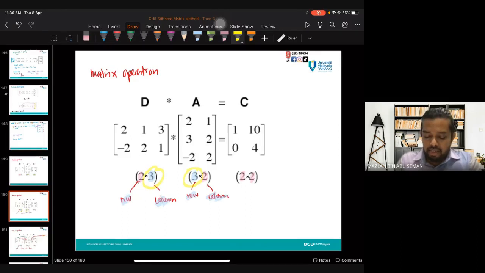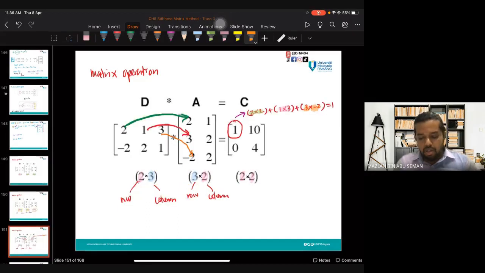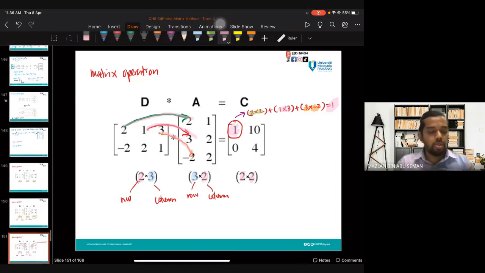That means you can calculate that one. And then the result of your matrix is this size, 2 times 2. So this is how to expand your values. If you want to know the value here: 2 times 2 plus 1 times 3 plus 3 times negative 2. So you get 1. So that just refreshes matrix operations.